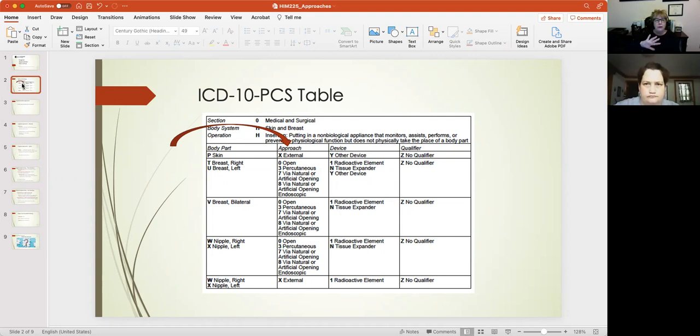The 5th character is going to identify the approach, and that's what we're going to review today. And that is, how does the physician get from outside the body to the specific anatomical site, which we just identified? All right. The 6th character is going to identify the device.